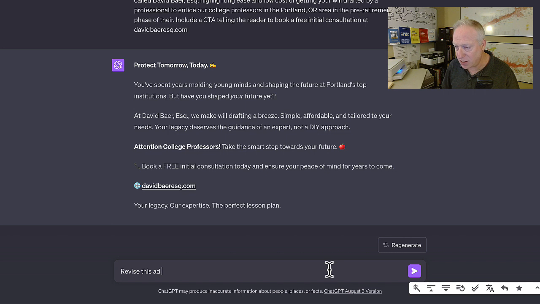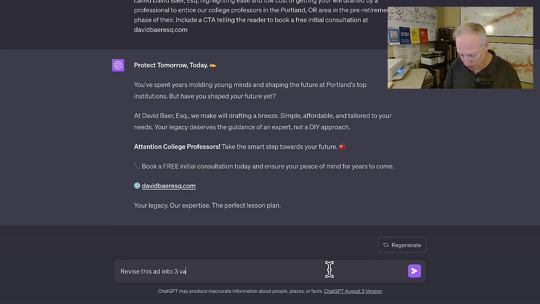So let's just say something like revise this ad into 3 variations. Make one for Facebook, one for LinkedIn, and one for Google PPC. Okay, so this is going to be varying lengths.